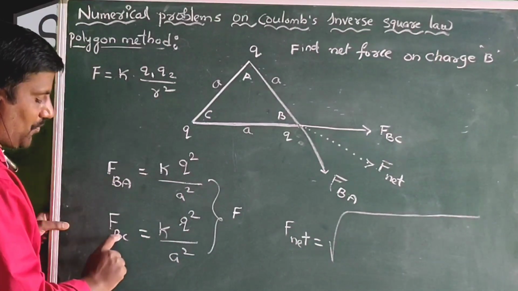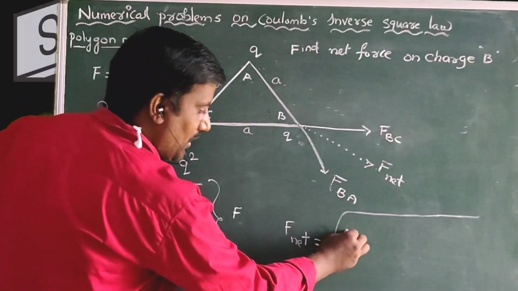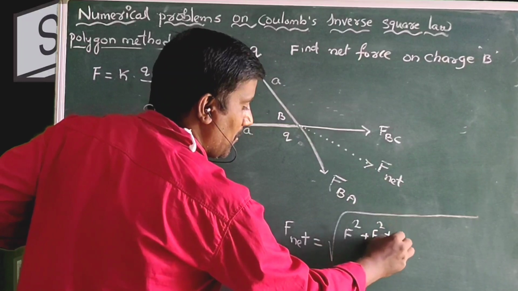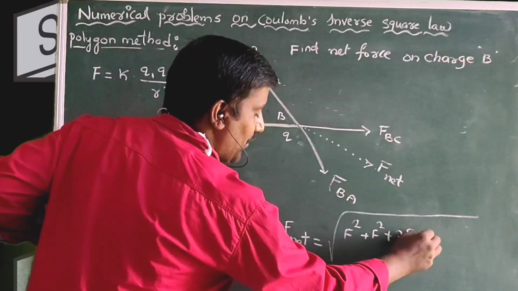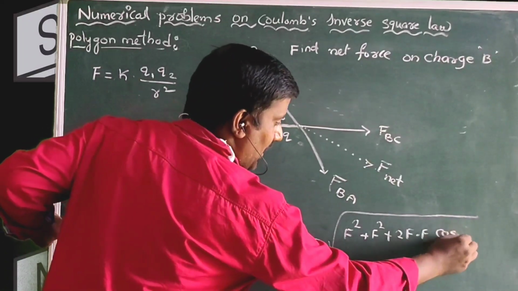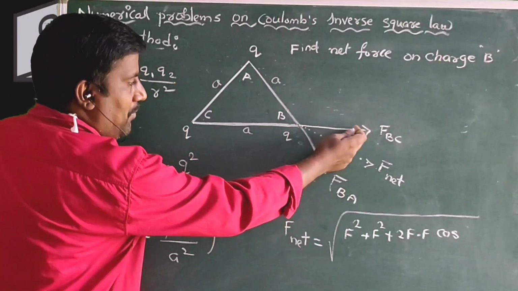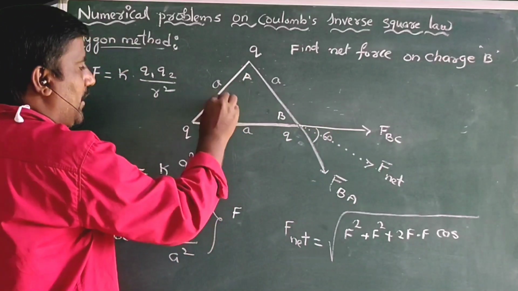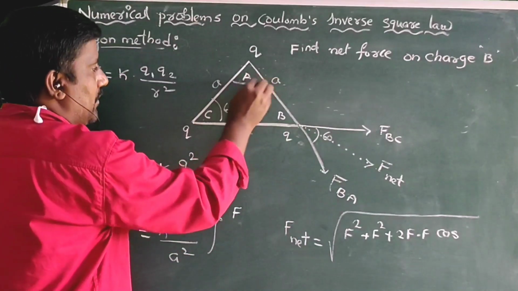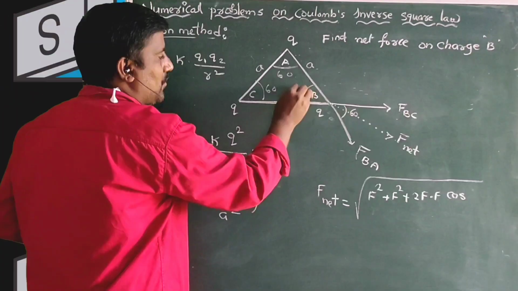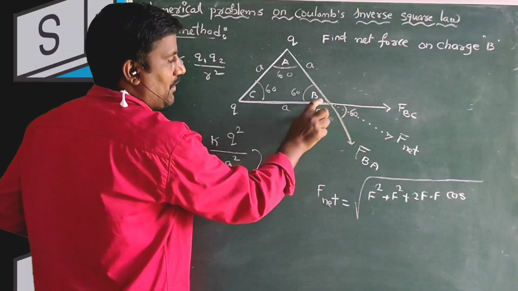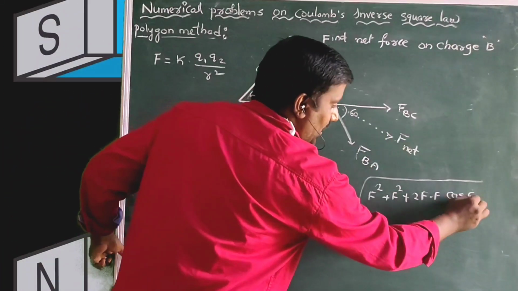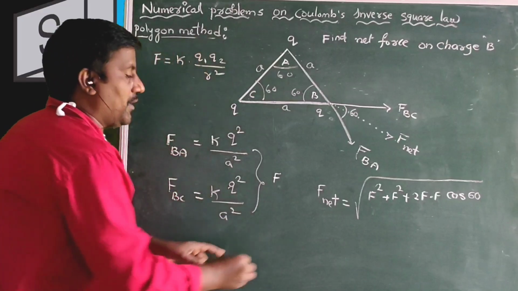But F_BA equals F_BC equals F. So that is F square plus F square plus 2F into F into cos theta. Theta is the angle between these two forces, that is 60, because this is an equilateral triangle, this is also 60, and this is also 60 degrees. Now these two are the same angles, so the angle between them is 60, cos 60.